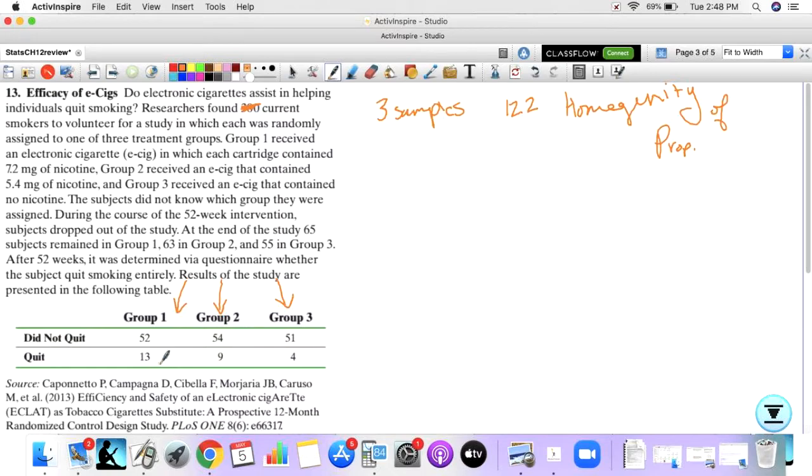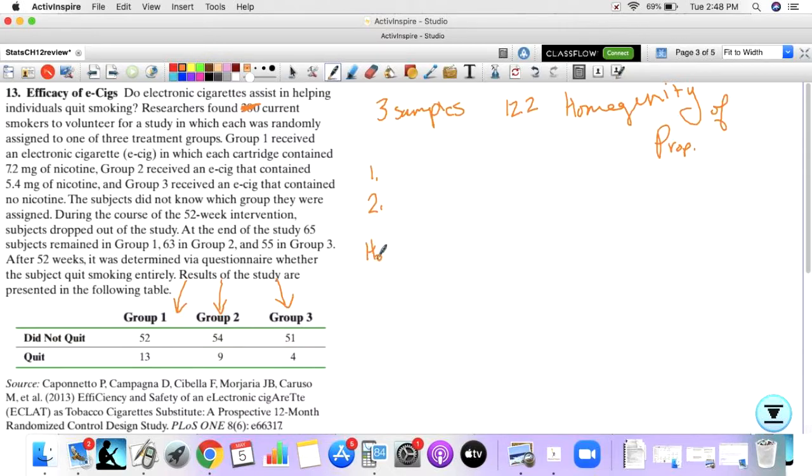And then we'd also have to make sure that if there are any that are less than 5, it's only 20% or fewer. That's a lot of work to do these expected values for this type of graph, and our calculator will do it for us. So we're going to wait to clarify our number 1 and our number 2 to make sure that this test is actually valid until after we run our test itself.